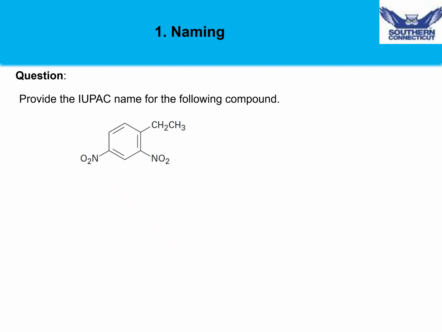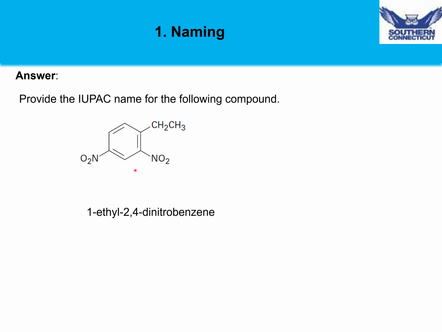In this question, we're going to try to provide the IUPAC name for the following compound, which contains a benzene ring, an ethyl group, and then two nitro groups. Parent name for this compound is benzene, and it has two different substituents, an ethyl and a nitro group. We alphabetize those two types of groups, so ethyl goes first, and that would be on carbon 1.